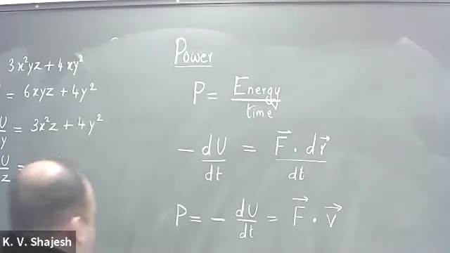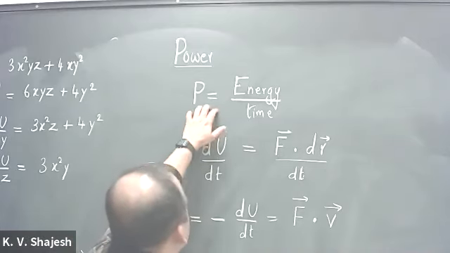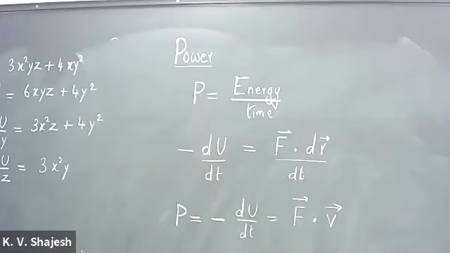Again, you will see this here and there, especially the idea of power, not really immediately in any of the chapters, but later in electricity and magnetism, in circuit diagrams especially, we will talk about power.